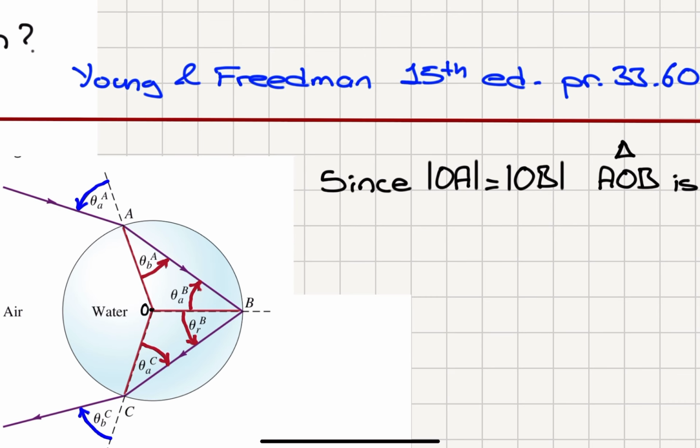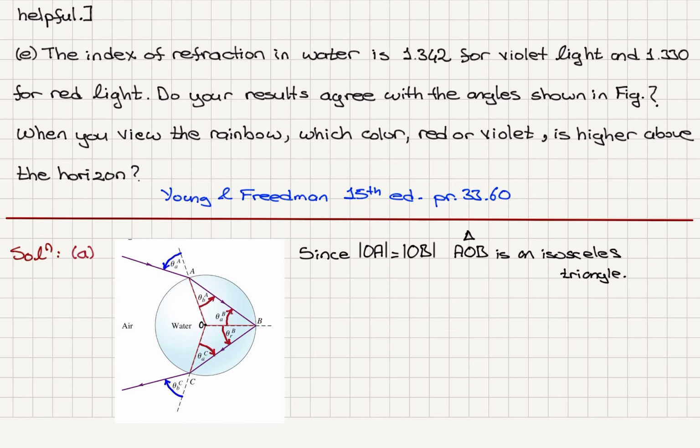If this triangle is isosceles, we can conclude that the angle of refraction at point A is equal to the angle of incidence at point B.